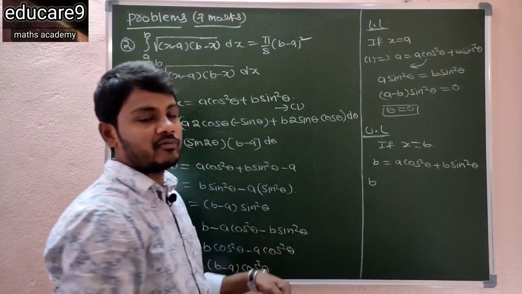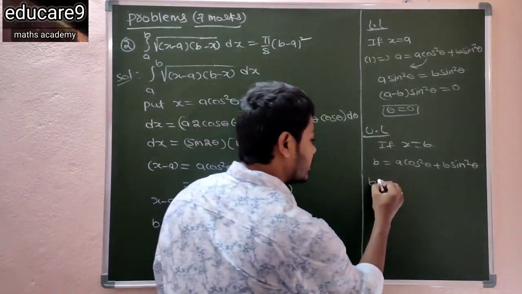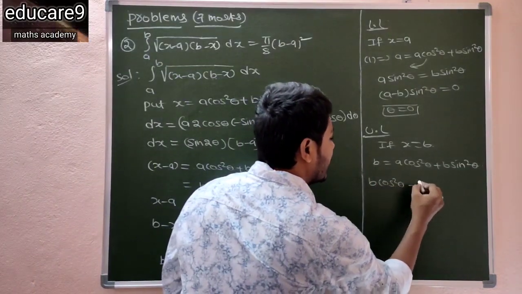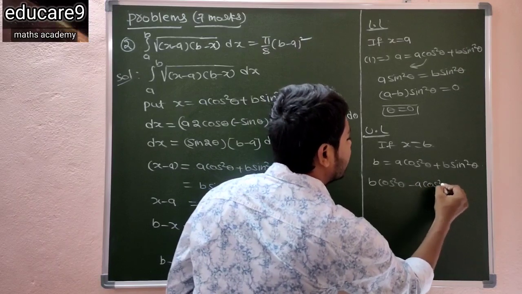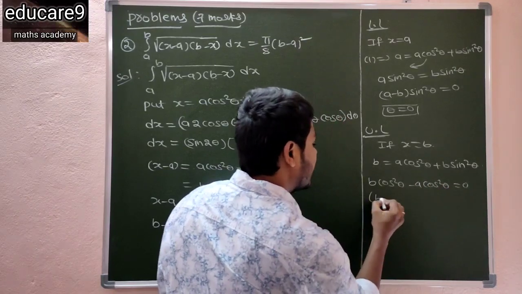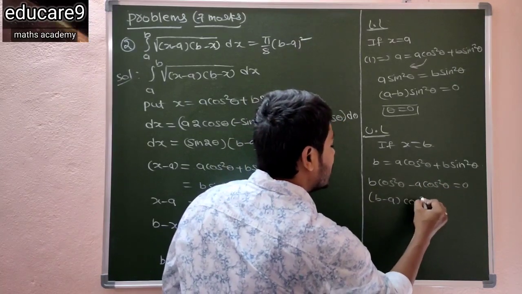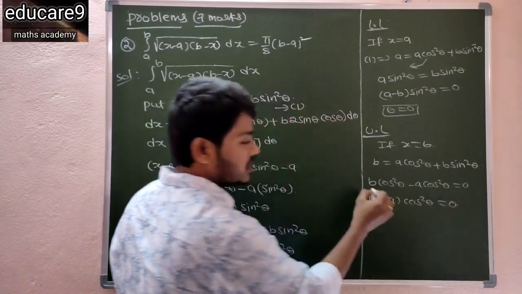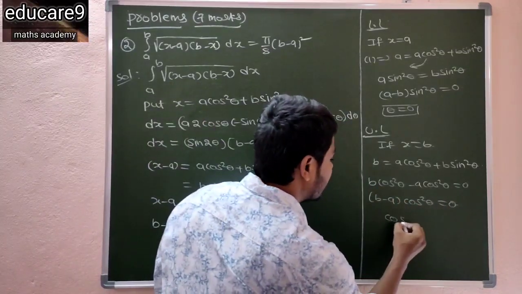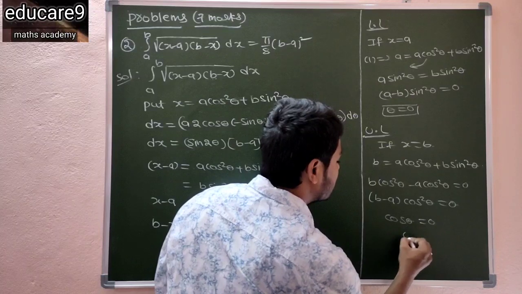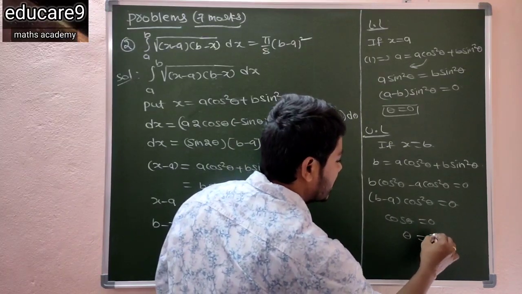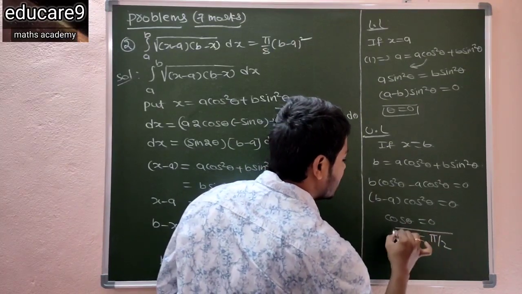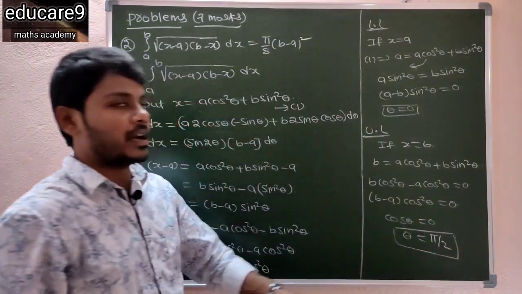So b is common, 1 minus sin square theta, that is cos square theta, minus a cos square theta equals 0. Again b minus a into cos square theta equals 0. This is not equal to 0, therefore cos theta equals 0, so theta equals pi by 2. So this is the upper limit.